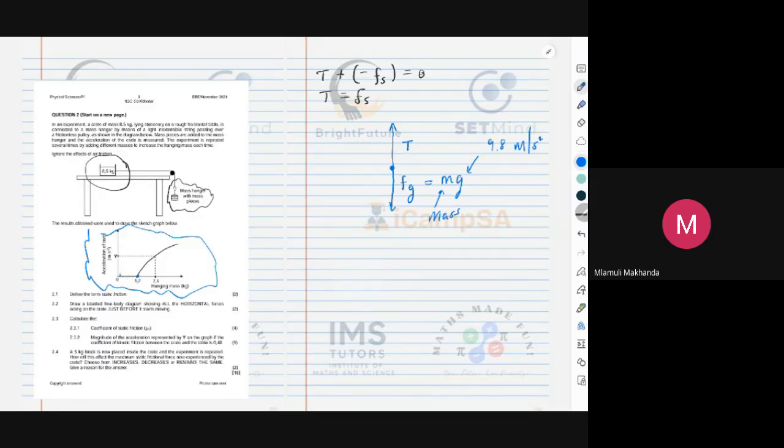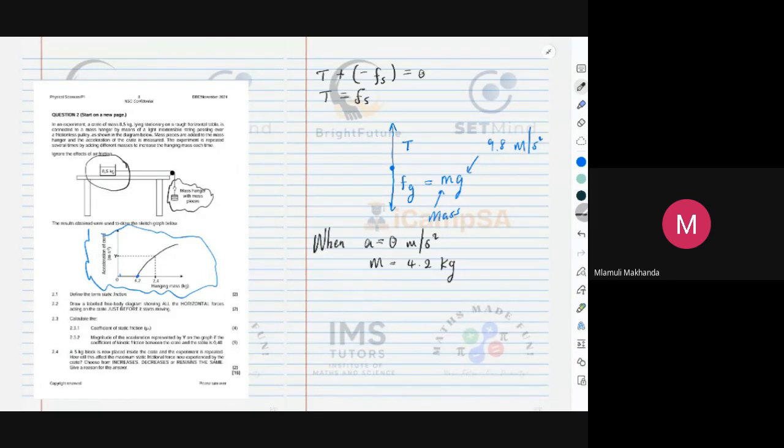Then here, the mass is 4.2 kg. So what this is telling you is that when acceleration is 0 meters per second squared, the mass of these pieces here is 4.2 kg, right? This is what this graph here is telling you.